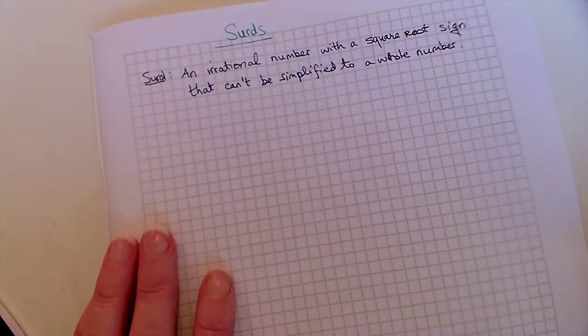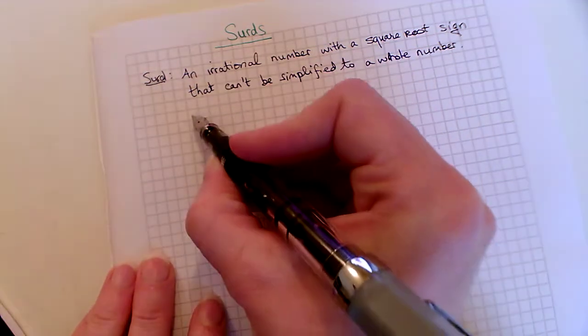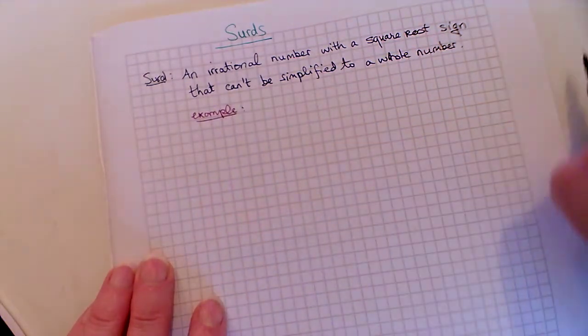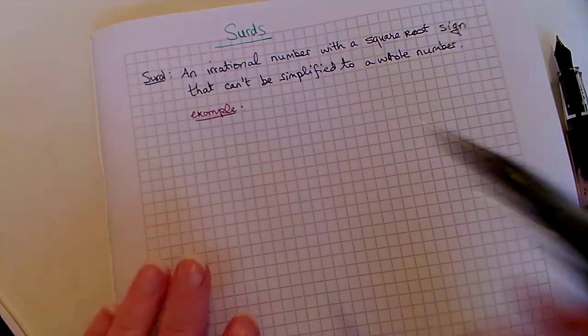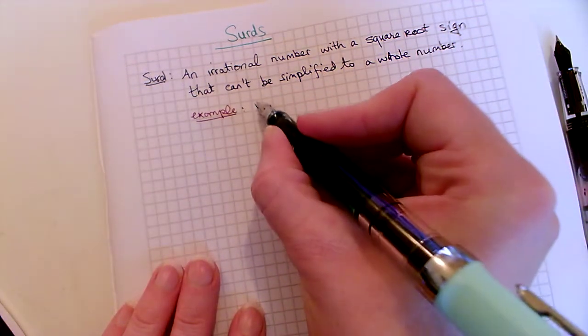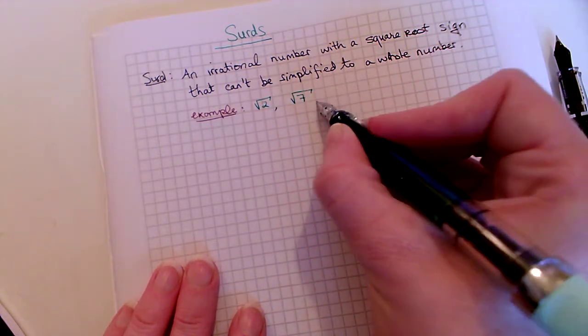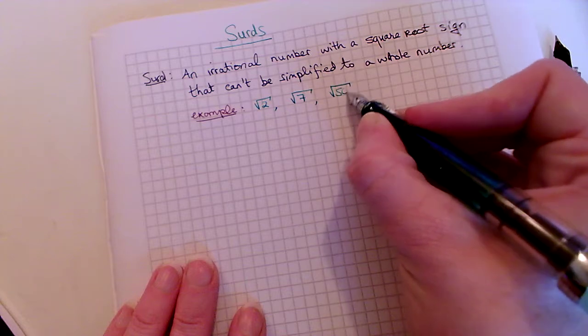Right, let's look at a couple of examples of what those might look like then. So for example, the following are surds: the square root of 2, the square root of 7, the square root of 50.